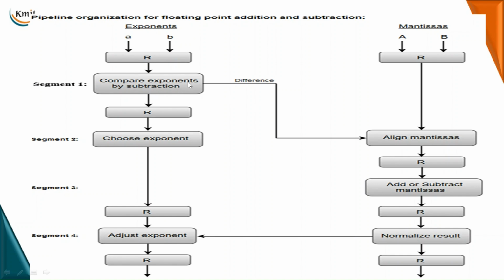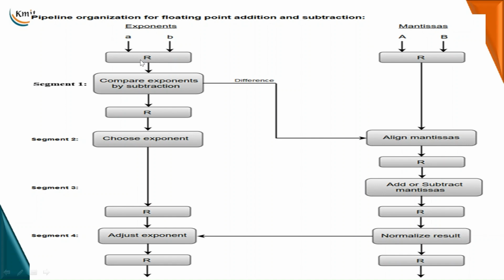The difference in the exponents tells you how many times the mantissa of the smaller exponent has to be shifted towards the right in order to align the mantissa part. So first you compare the exponents, and based on the difference, you align the mantissa part of your least exponent. That output is written into R. A and B represent the mantissas of the fractions and small a and small b represent the exponents.